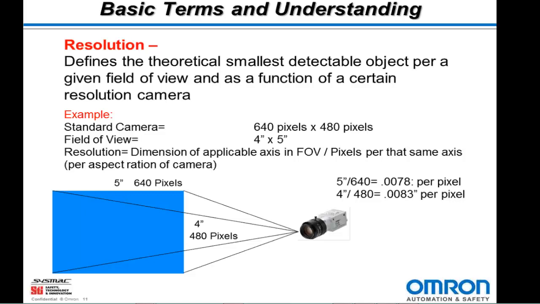So if you're thinking in your heads, how do I get more resolution out of that camera without making a larger investment in a higher pixel count camera? Well, if you look at the equation, it's essentially decrease your field of view. So when you're tuning into a particular object, you really want to focus in on the key part of that object as best as possible, because you're going to get the highest resolution with the smallest field of view.